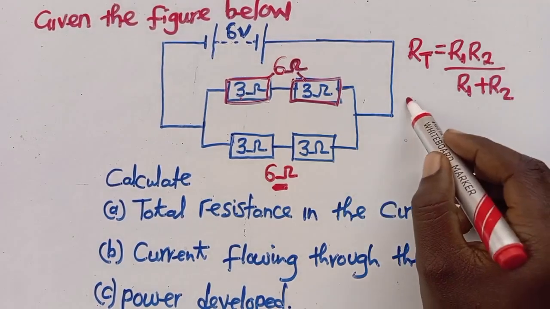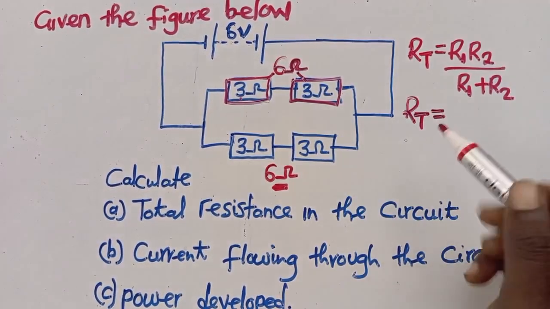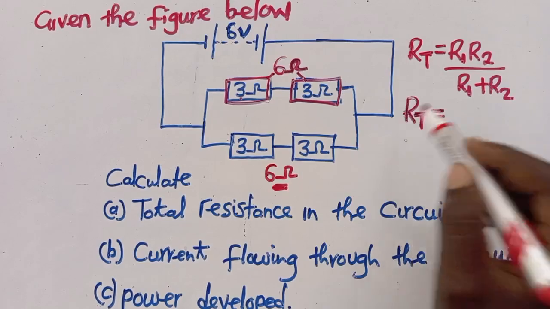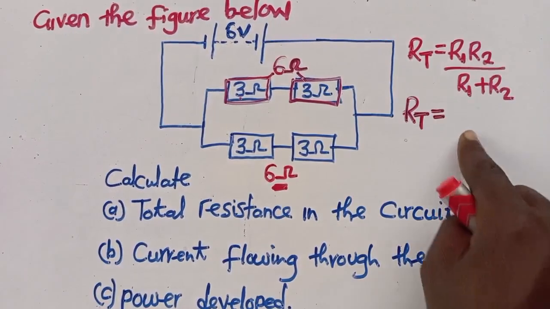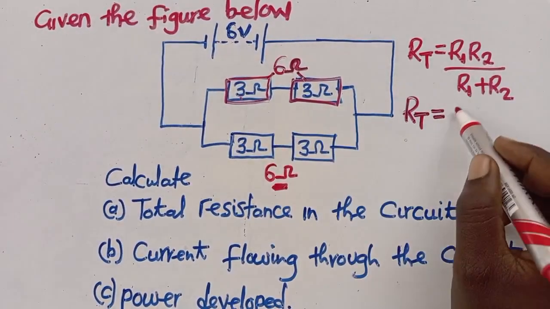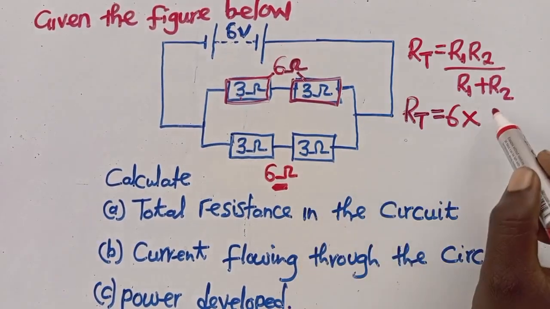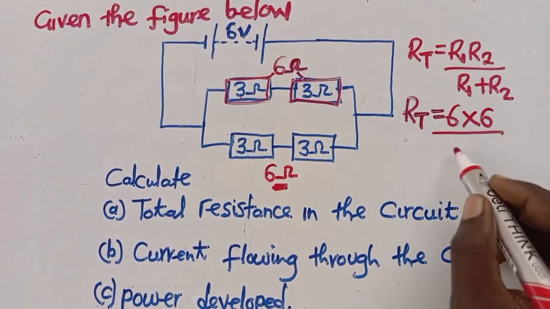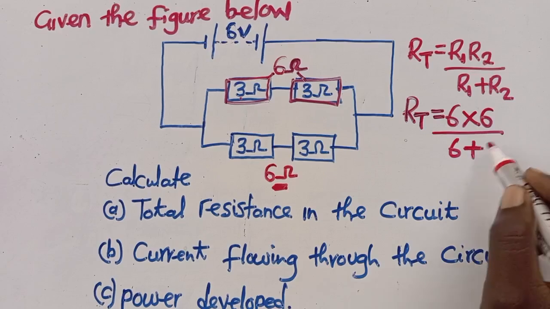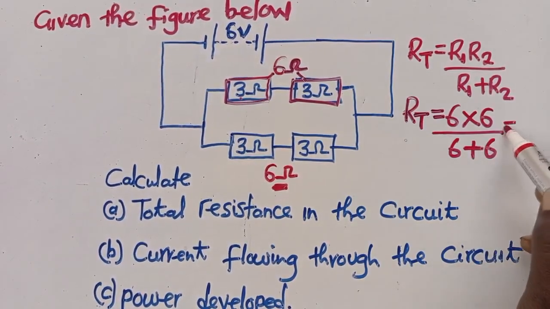So what we need to do, I'm going to say total resistance is now equal to, I guess you're able to see what is happening here. What is resistor 1 here? I can see 6, multiplied by resistor 2. I also have a 6 there. Then I say over, resistor 1 plus resistor 2, 6 plus 6. So this is now equal to, what is 6 times 6?